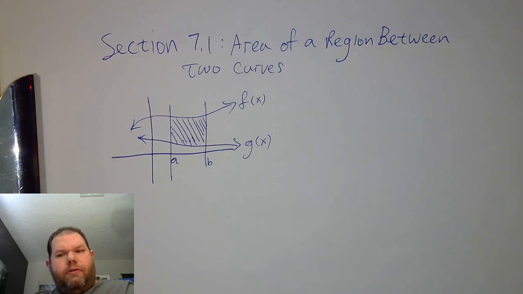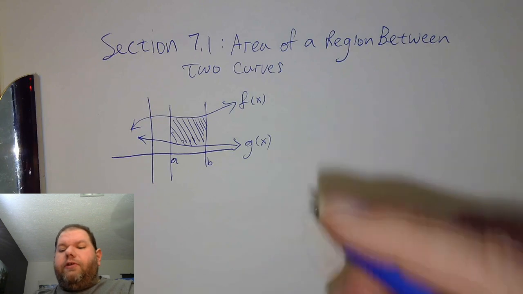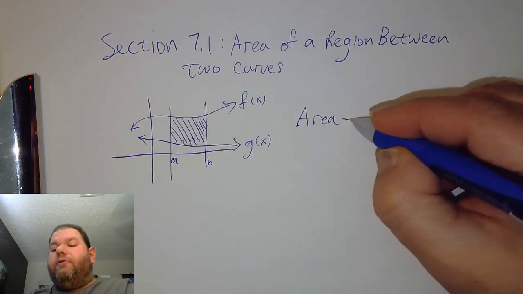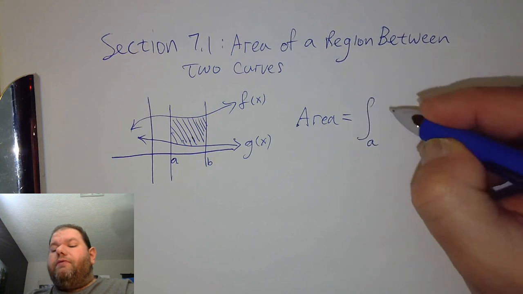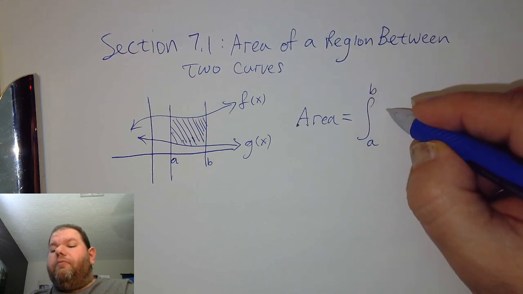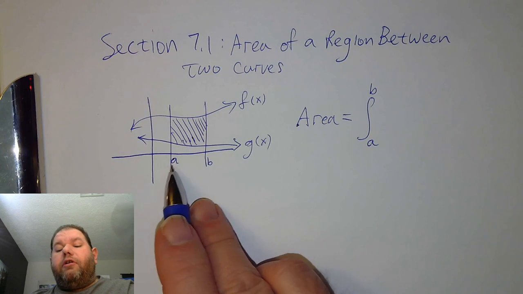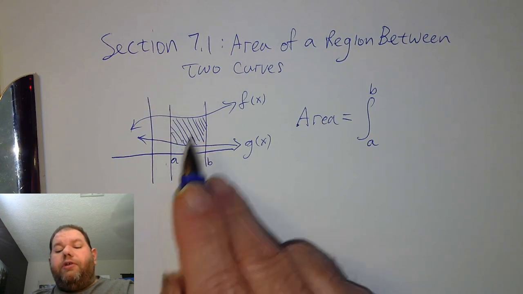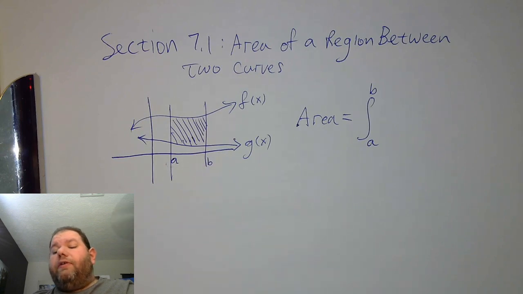This is actually pretty straightforward. Our area, in this case, is equal to the integral from a to b, because here are our limits of integration. This is our lower edge, and here's our upper edge. One thing that we know from Calculus 1 is that the area beneath a curve is the integral.